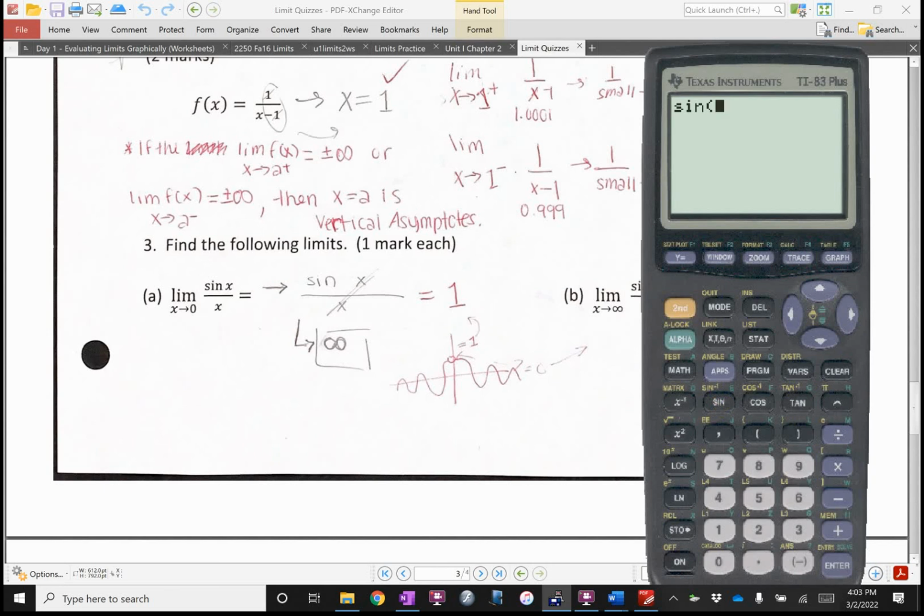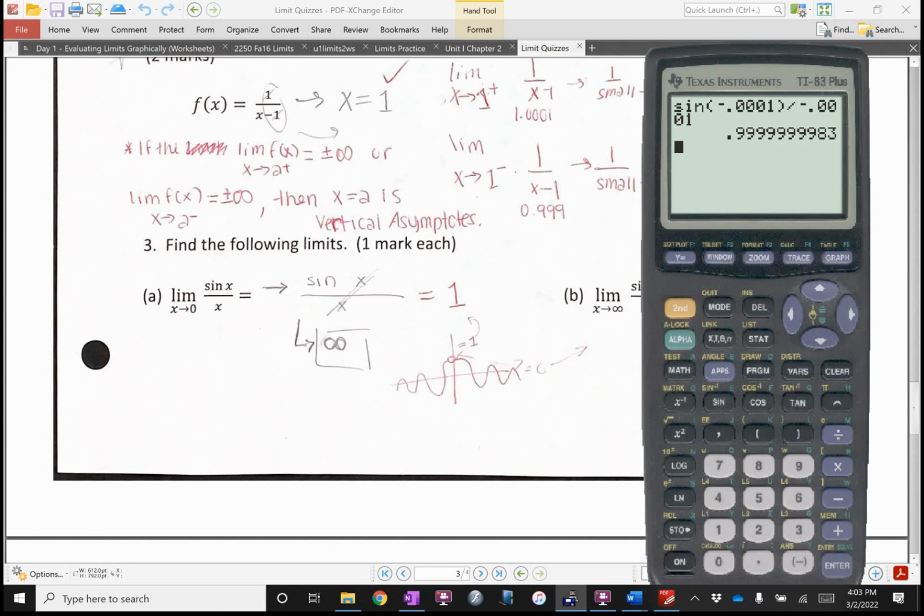What would be a good number if I'm sneaking up on 0 from the left? Negative 0.0001. 3 zeros and a 1. What do you think we're approaching from the left? 0.9999999.